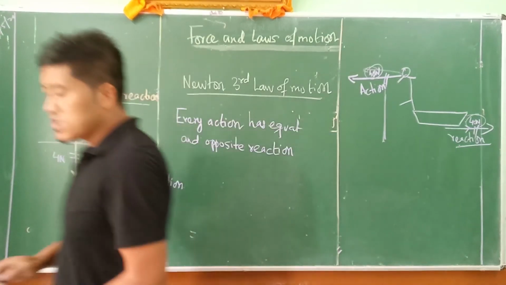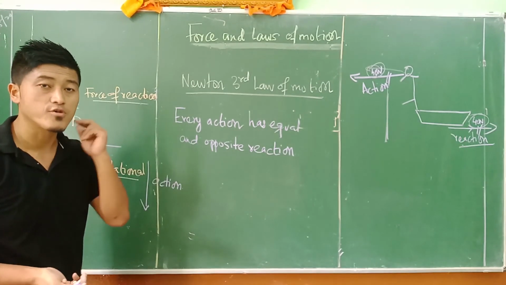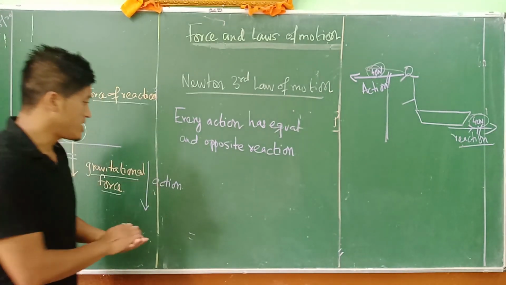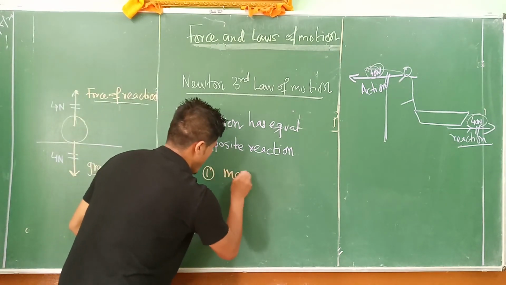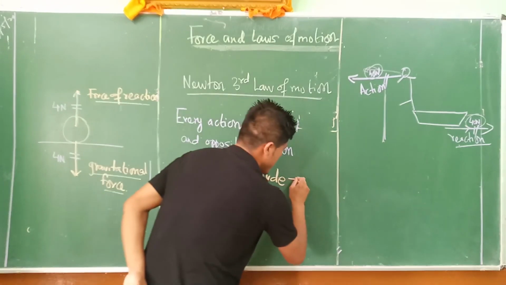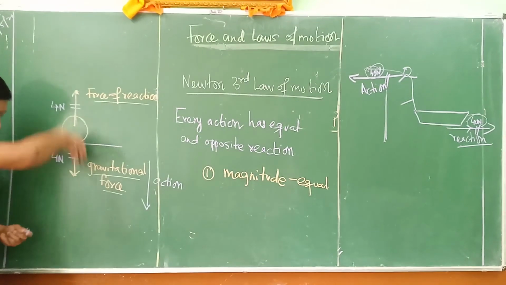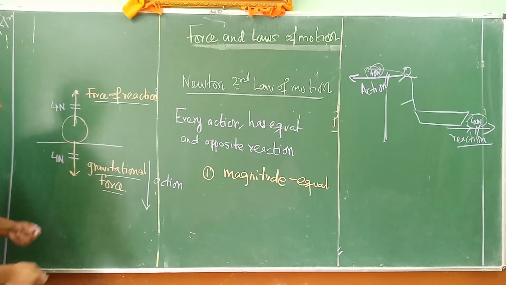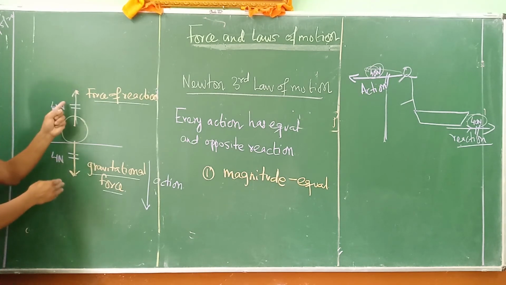Okay? So, generally, when we talk about Newton's third law, there are two things that are important for you to keep in mind. Number one is magnitude, and this magnitude should be equal. This magnitude and that magnitude should be equal. If this is 4 Newton, this should be 4 Newton. If this is 5 Newton, this is 5 Newton.